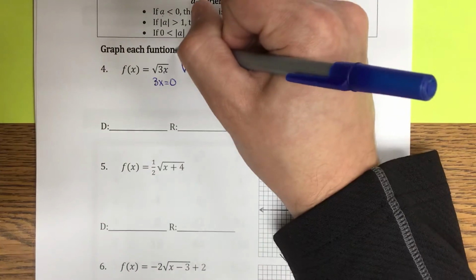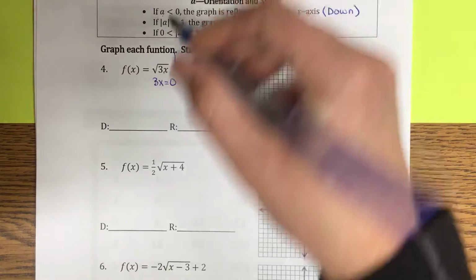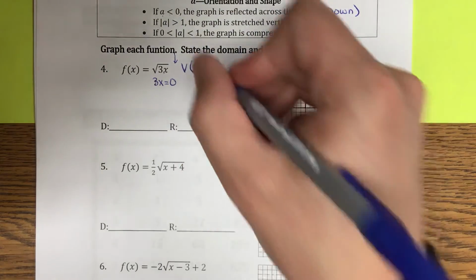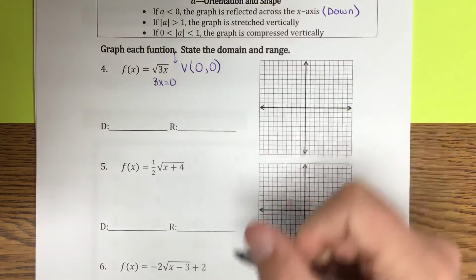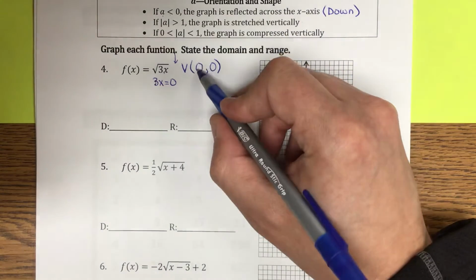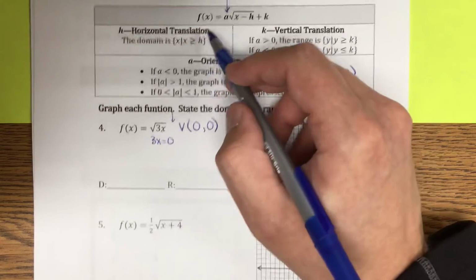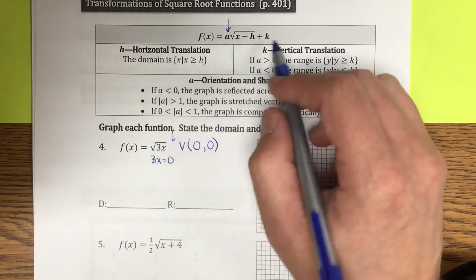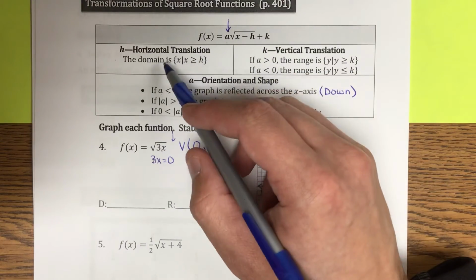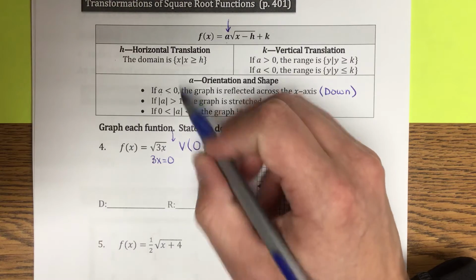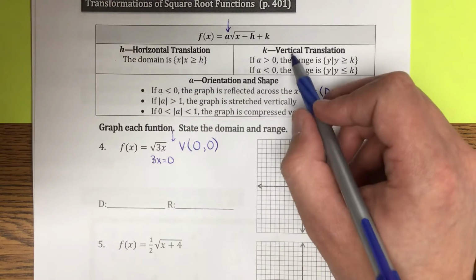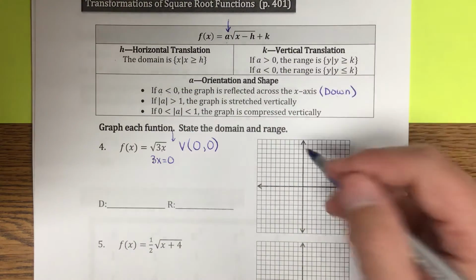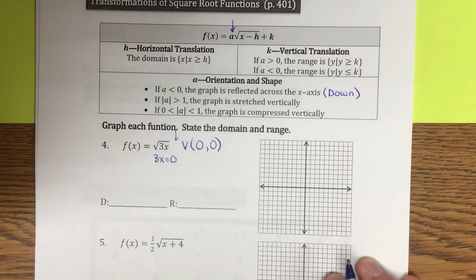The number on the end, so this corresponds to the range, the number on the end is the y value of that vertex. So this is your h and this is your k from the above formula or the model. So h is found in a similar fashion to the domain, and k is found in a similar fashion to the range.